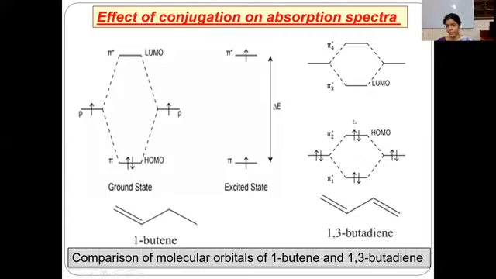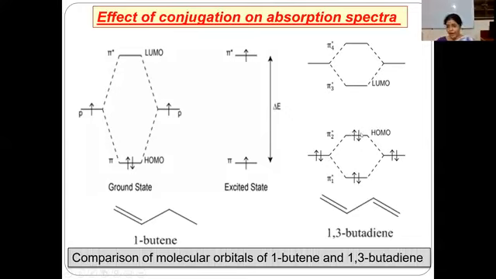In that type of condition, the transition from HOMO to LUMO is always most probable, that is, highest occupied molecular orbital to lowest unoccupied molecular orbital.